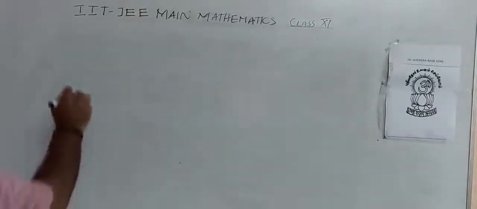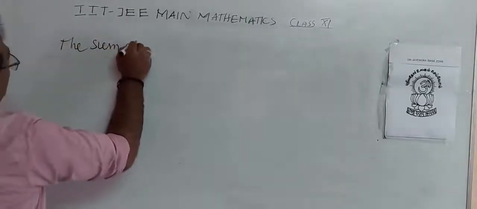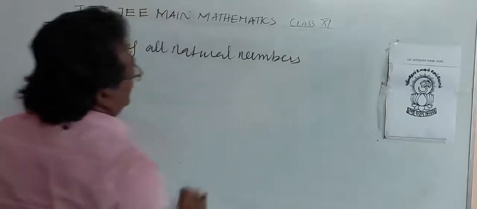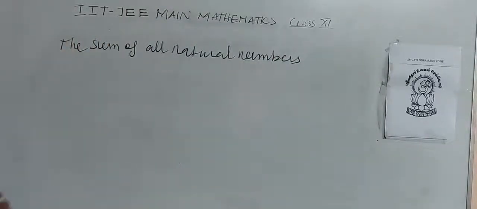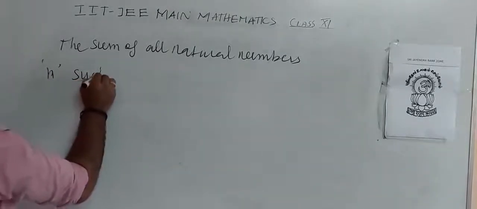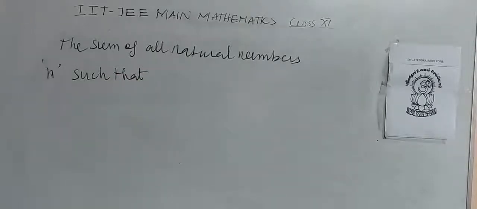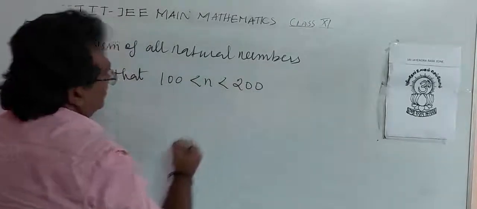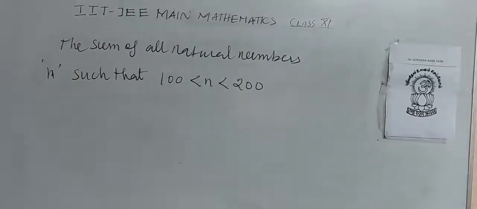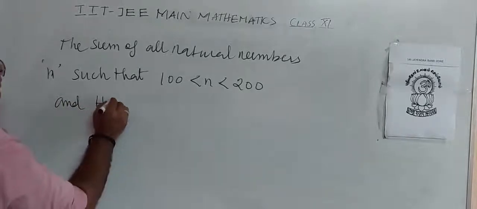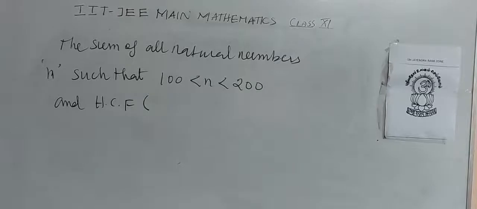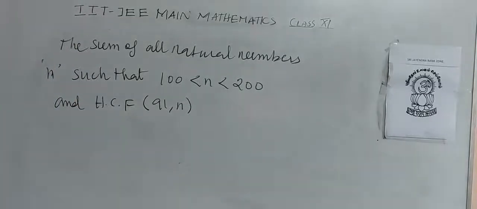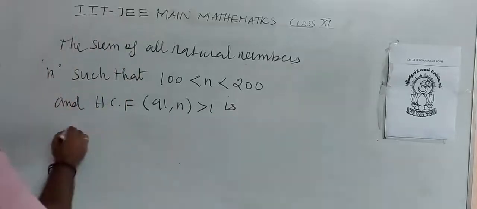Next question. The sum of all natural numbers n such that 100 less than n less than 200 and HCF of (91, n) greater than 1 is.